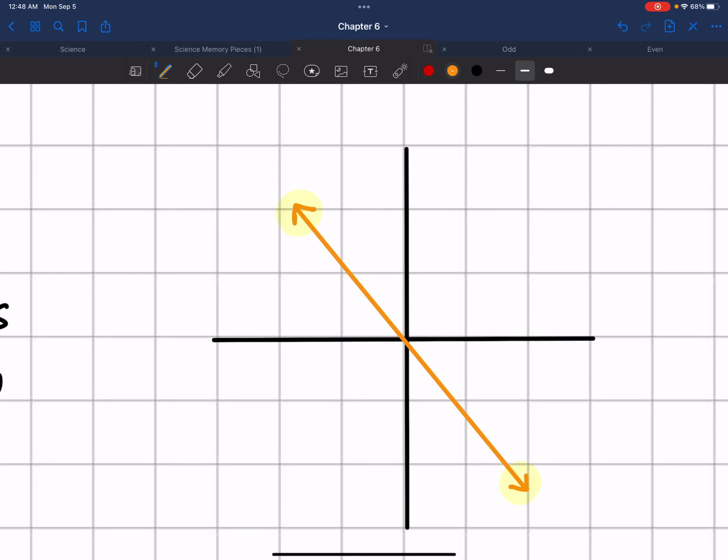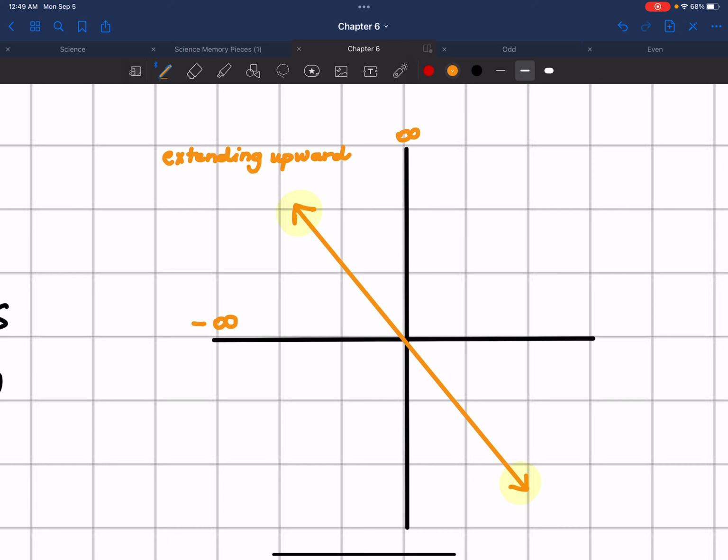Well, this is extending upward, and in terms of y, it's positive infinity, but in terms of the x value, it's negative infinity. That's what's giving it its negative slope. So I'm just going to say that it's extending upward.